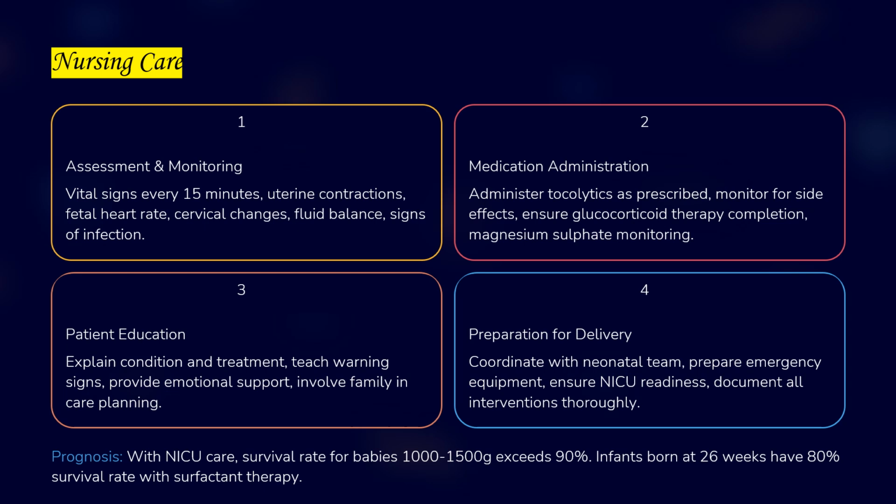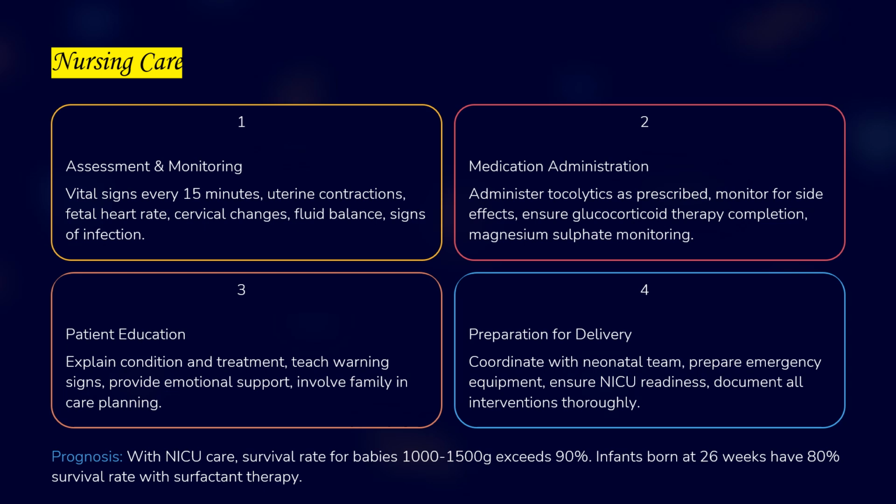Okay, so the first is that you need to assess and monitor the mother. Check the vital signs every 15 minutes for 1 hour, and after that every half an hour. Okay, and then check for uterine contractions, fetal heart rate, cervical changes, fluid balance, and signs of infection.